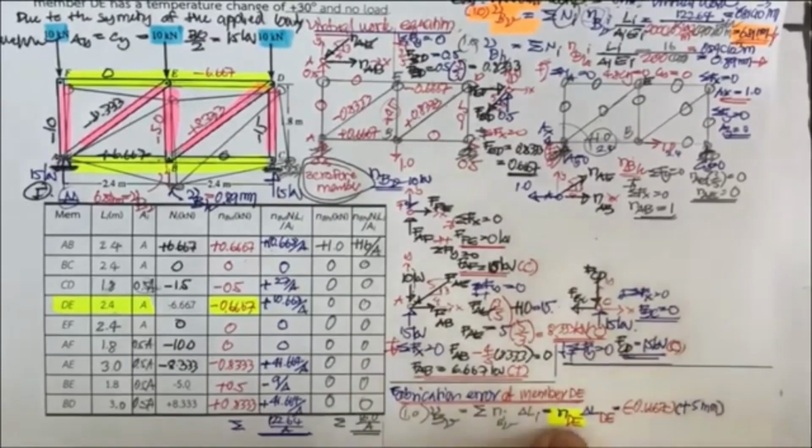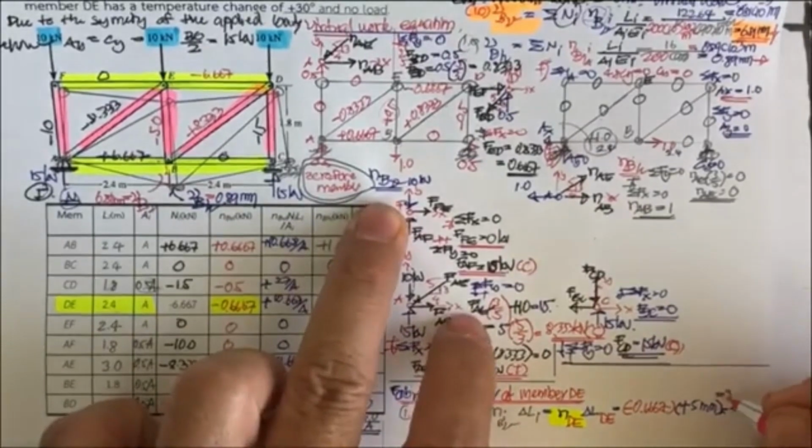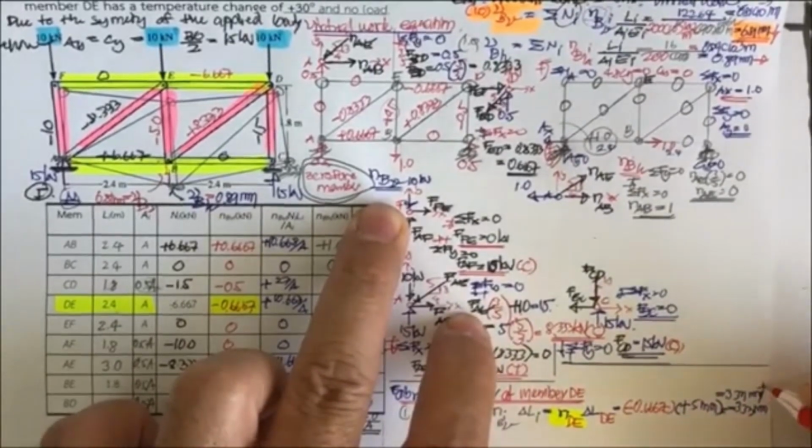Just multiply this. Okay, and then if you put everything in your calculator, this is going to be equal to minus 3.33 millimeter. Okay, that means what? That means it's going to be 3.33 millimeter in the negative, that means it's going to be upward.